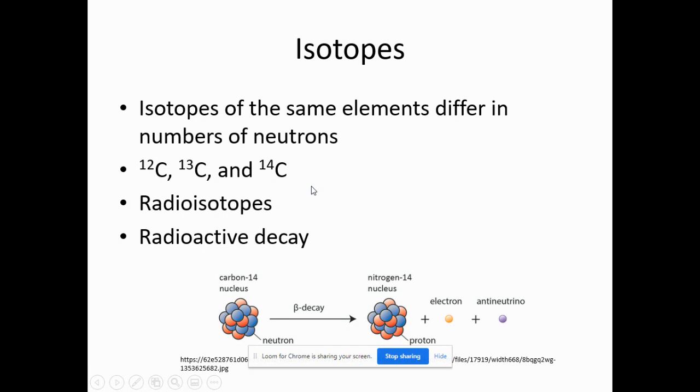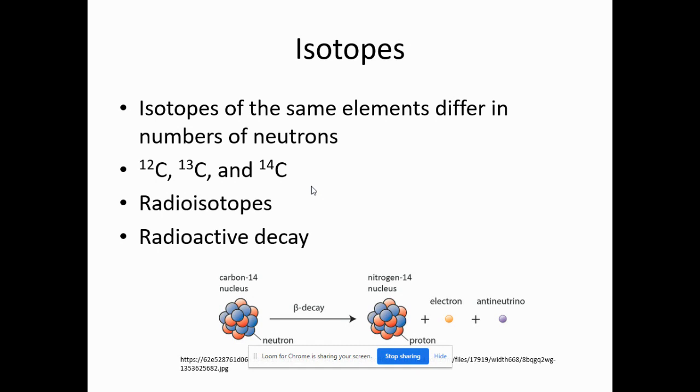Then you get radioisotopes. Radioisotopes have an unstable nucleus that breaks down spontaneously, and as it breaks down, it emits radiation in the form of particles, energy, or both. That process of the radioisotope breaking down is called radioactive decay.